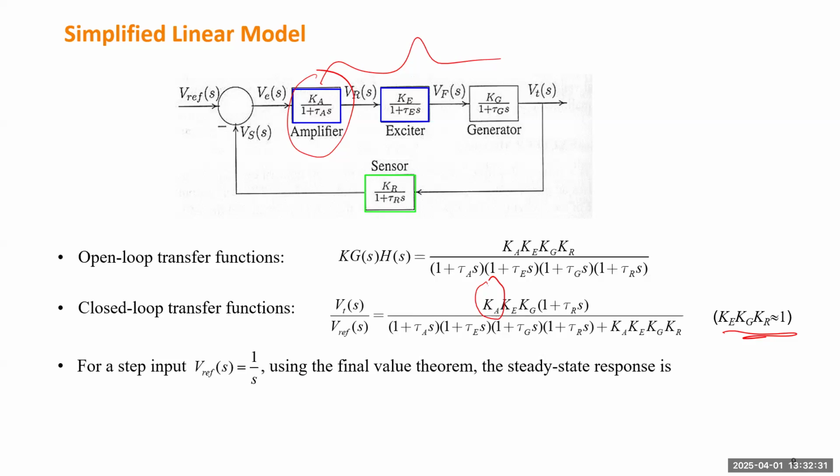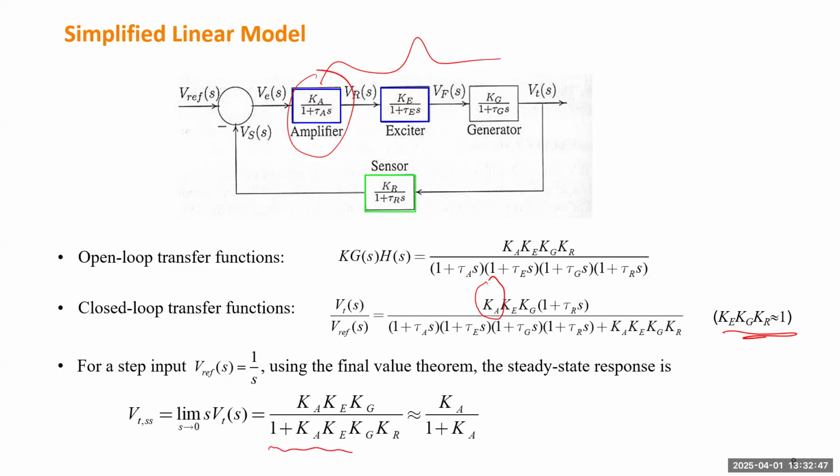All right. So if we consider a step input, using the final value theorem, the steady state response will be just letting S be 0. So the steady state voltage will be this one. And if you assume this one is around 1 and those three are around 1, you have this term.